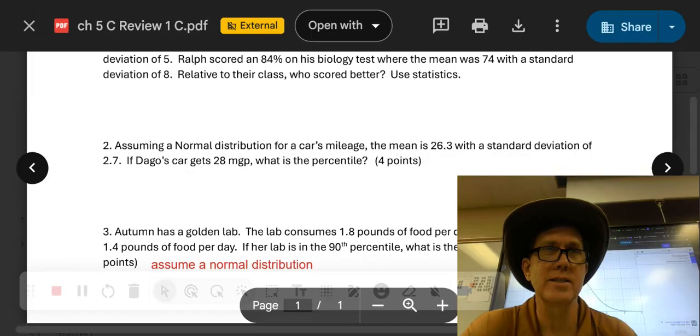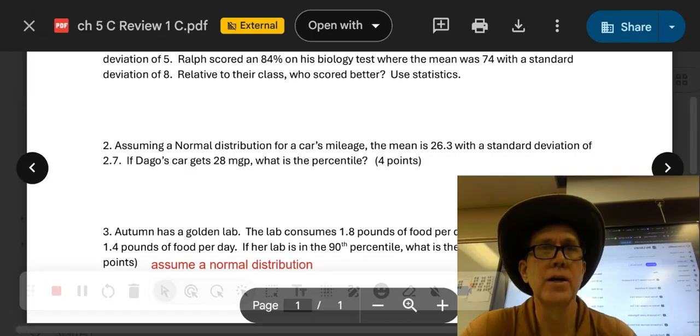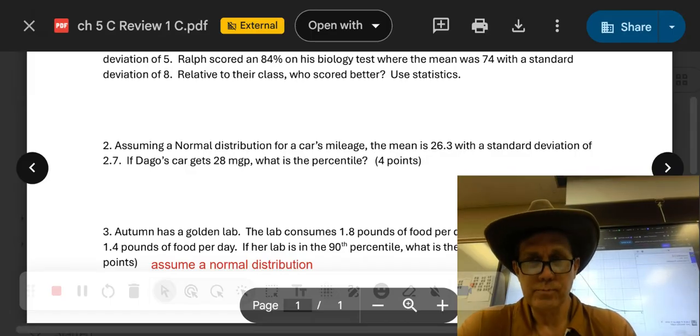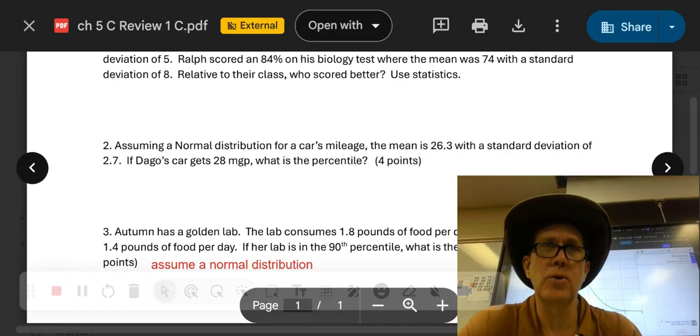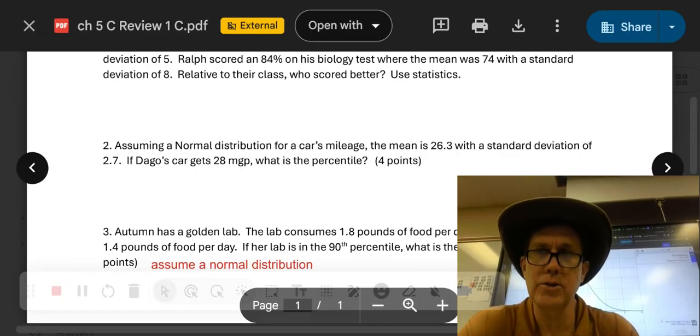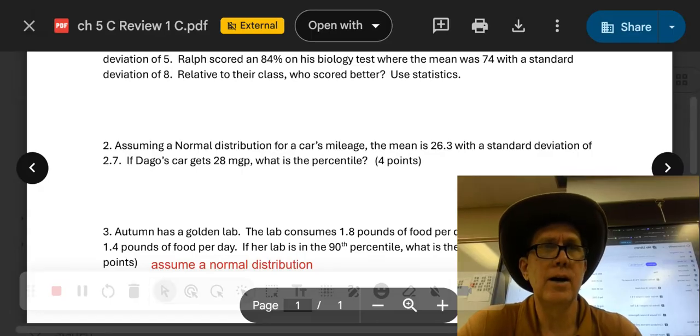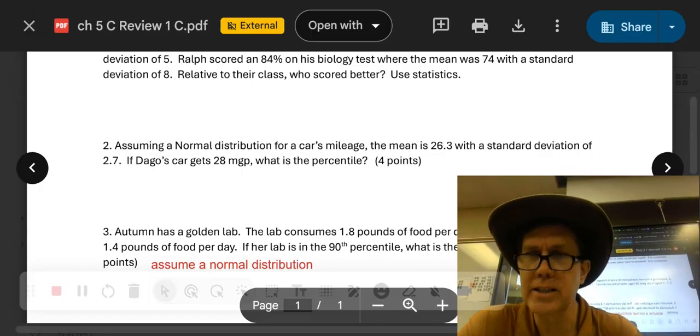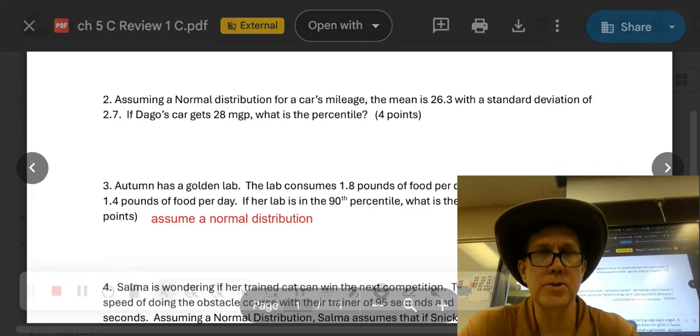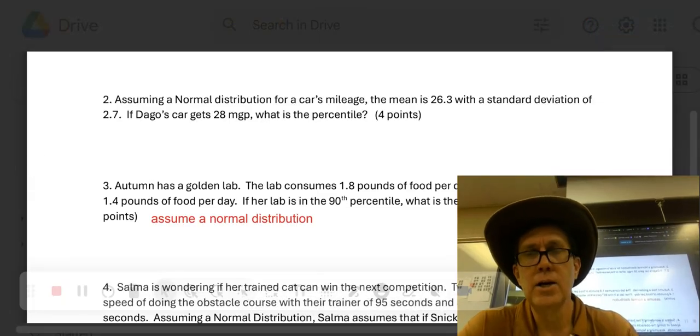What's nice about this is it draws the normal curve. So one of the points on the test, I don't want students to miss this, is always drawing the normal curve. So we have a normal curve. Assuming a normal distribution, the mean is 26.3 with a standard deviation of 2.7.